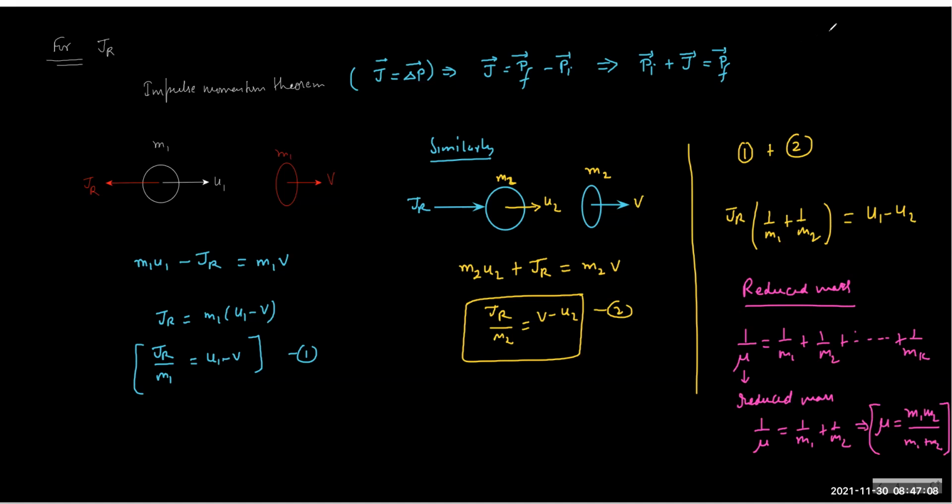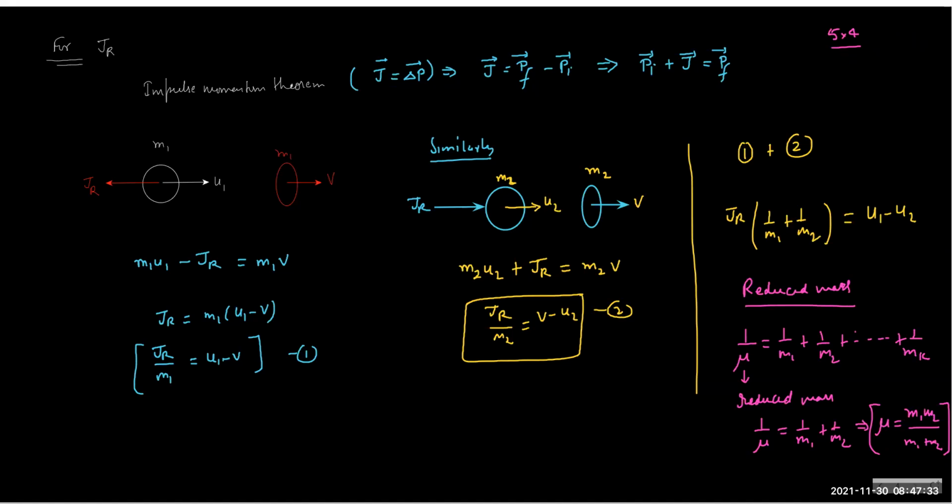Now you can take any number. Let's take the numbers 5 and 4 and write the product and summation. The answer will be 20 by 9, which is roughly 2 point something, right? Which is less than any value. You can see the equivalent answer is always smaller than any individual mass. That's why the name is called reduced mass. There is no particular reason for this.